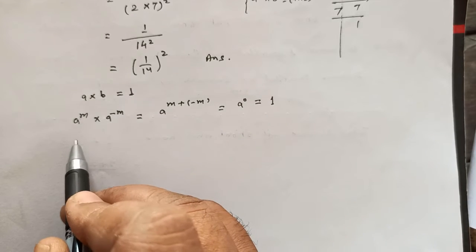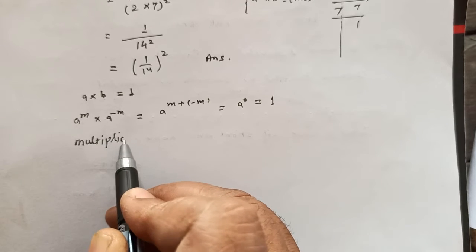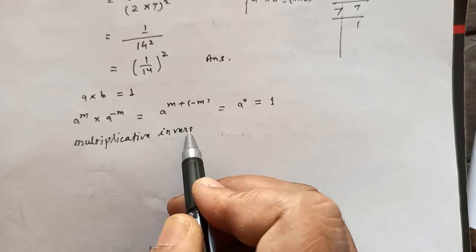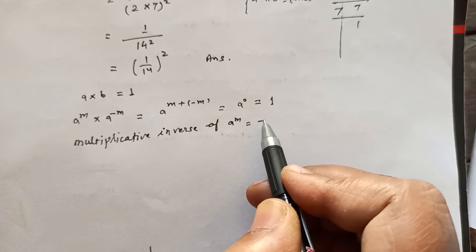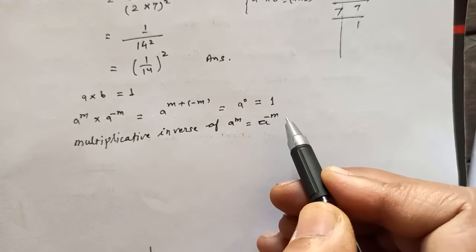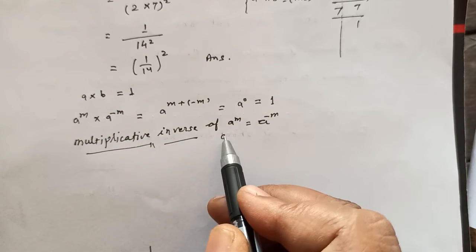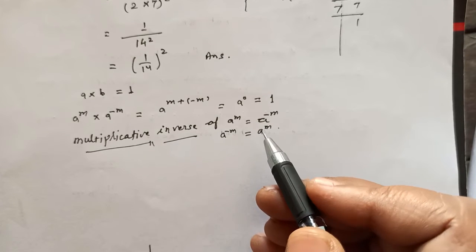So multiplicative inverse of a to the power m is a to the power minus m, and multiplicative inverse of a to the power minus m is a to the power plus m.